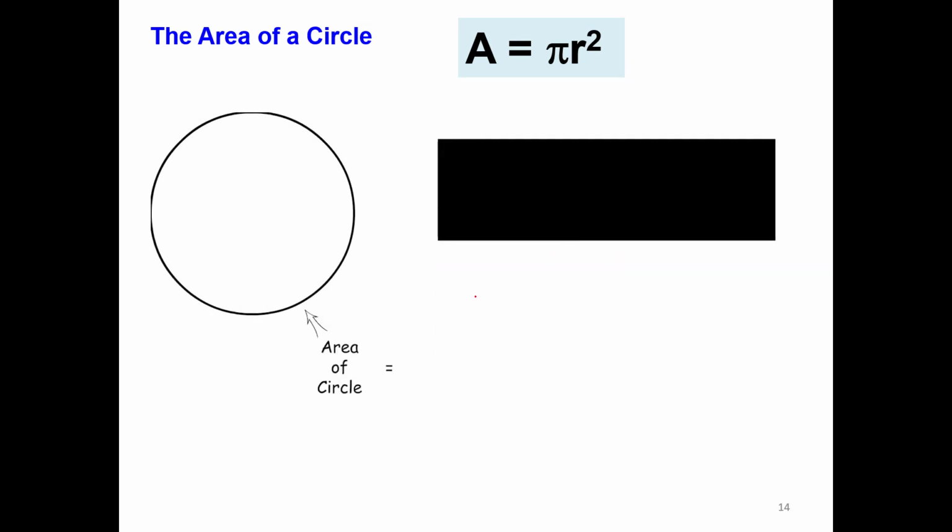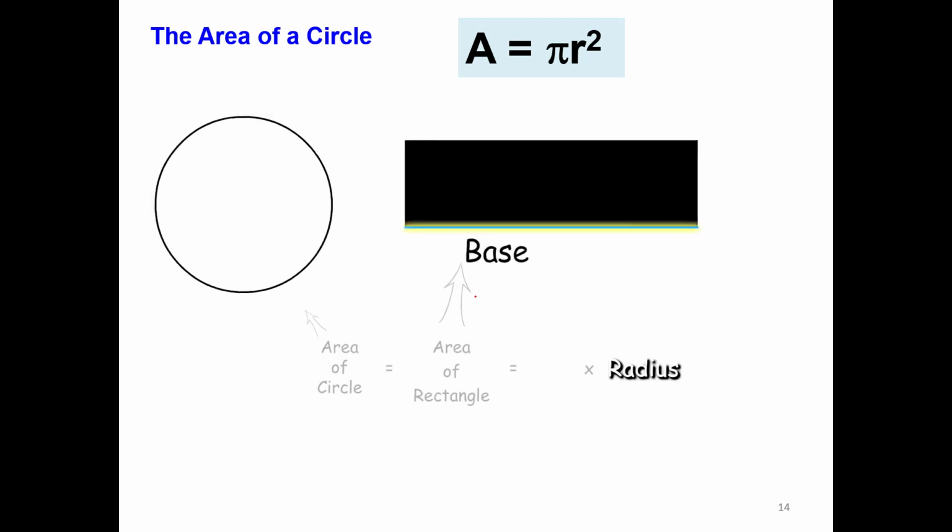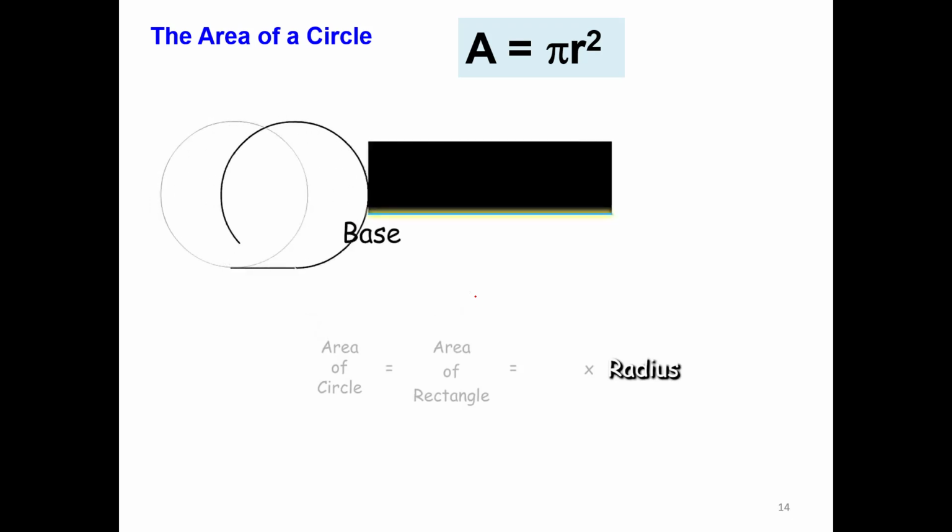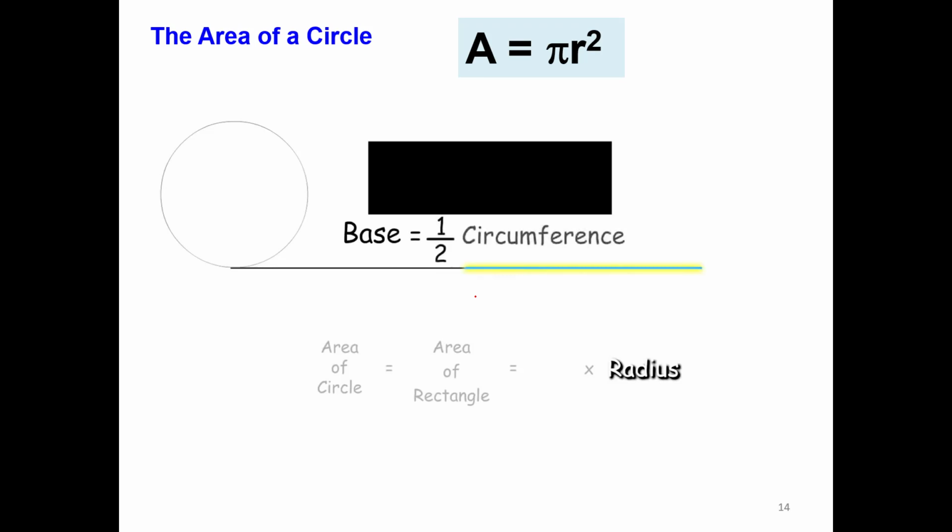So the area of the circle is equal to the area of the rectangle, which is equal to base times height. The height of the rectangle is the same as the radius, so height is equal to radius. To find the base, we need to look at the circumference of the circle. When we compare the base and the circumference, we can see that the base is equal to 1/2 the circumference.